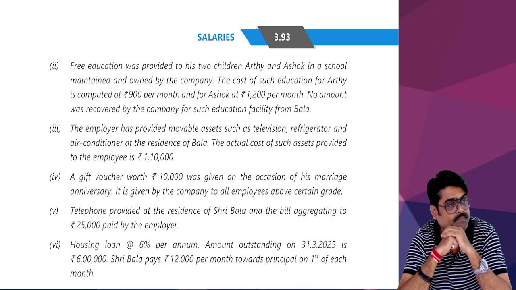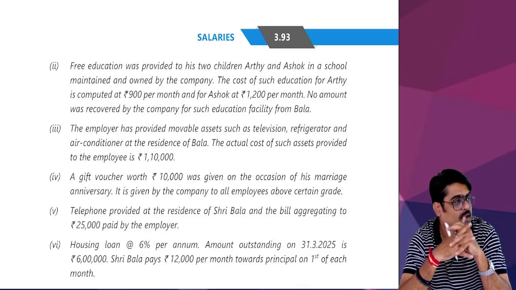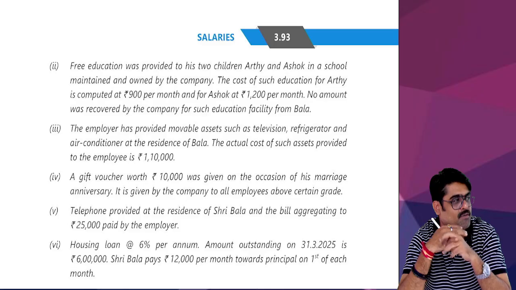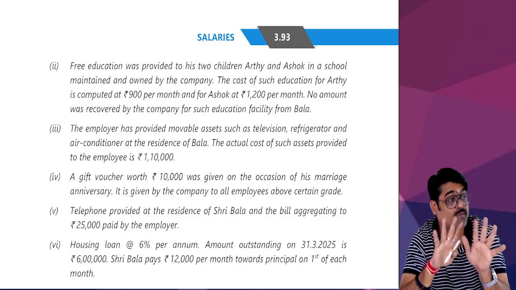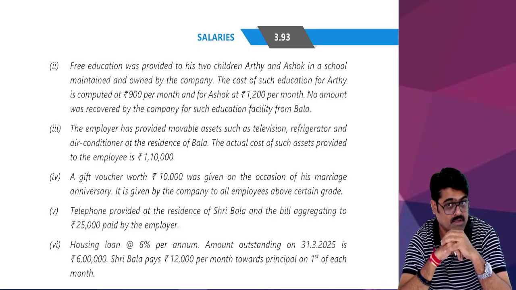Why? Because the amount is within the limit of 1,000. But what if Ashok and Aarti both are brother and sister of Bala, not the children? Benefit will be reasonable cost of education only, which is correct. But now that benefit will be fully taxable. 1,000 rupees exemption will not be available.